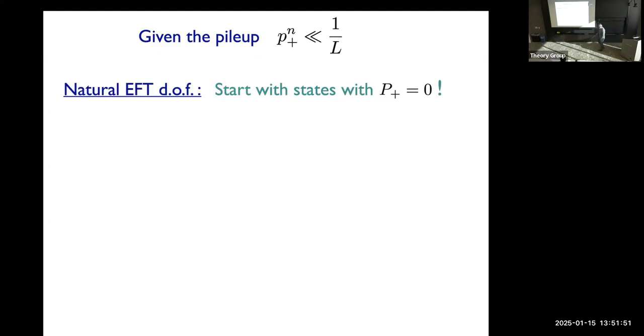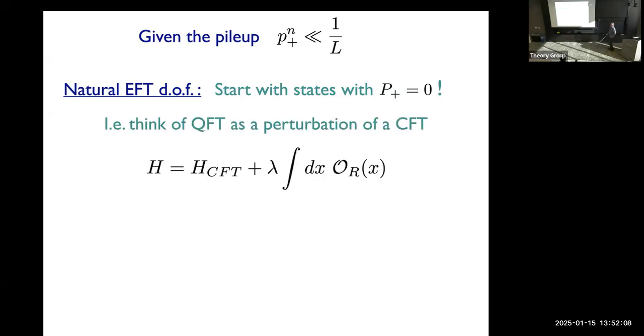And so there's a natural effective theory whose degrees of freedom you might identify, which is, why don't you just start with states that already have P plus equal to 0, because as P goes to infinity, those states are arbitrarily close to what you're looking for.